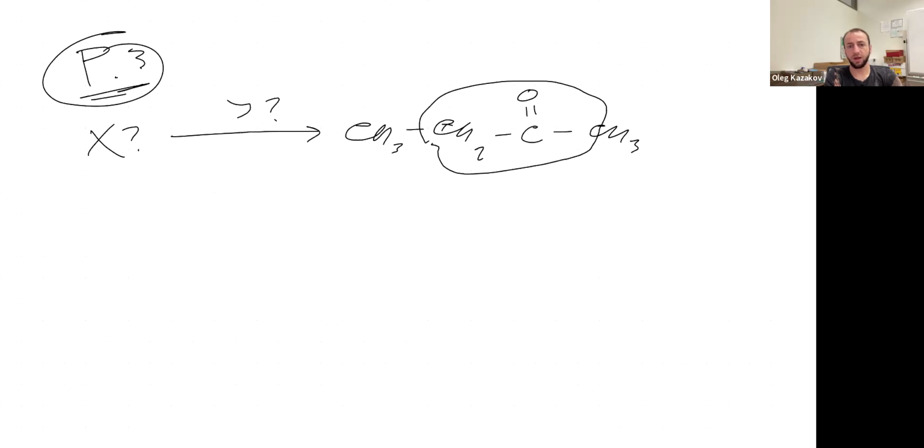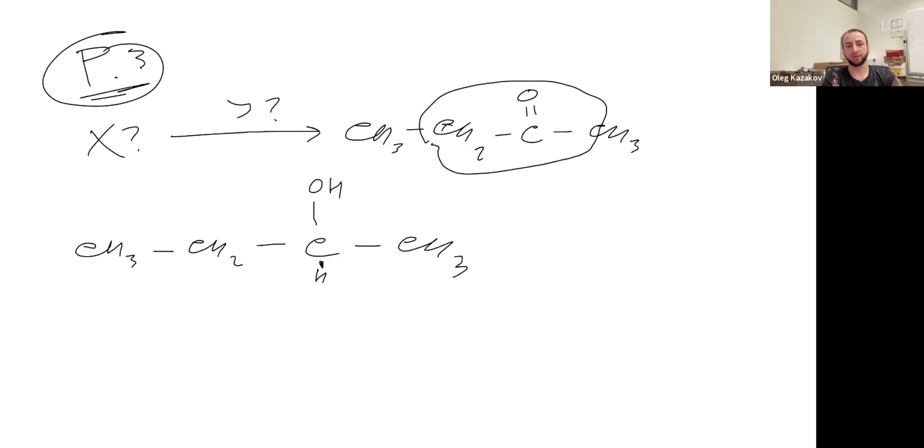We'll have CH3 intact, CH2 intact as well, and then this carbon will undergo some changes. Oxygen will still stay, so to make an alcohol out of that, we have to have OH, and we have to have H here. Now four bonds are engaged on the carbon, so we have the OH and that's all.